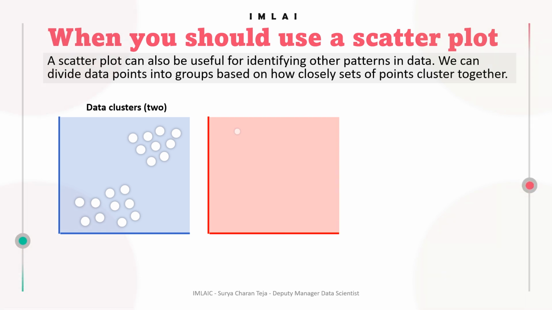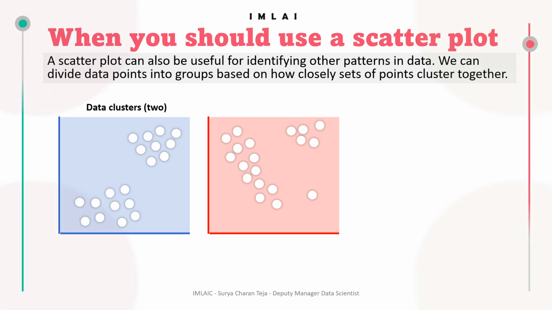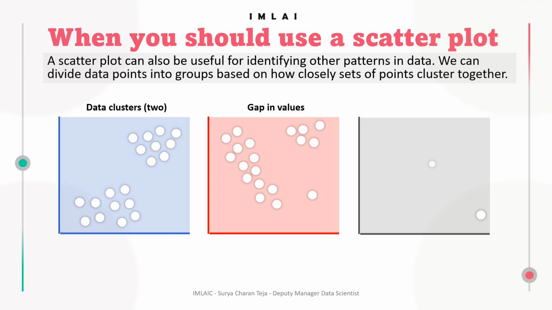And the second way of using a scatter plot is to find out that it can also show if there are any unexpected gaps in the data. So here is the example. This is one set of data, and here there is a clear-cut unexpected gap.